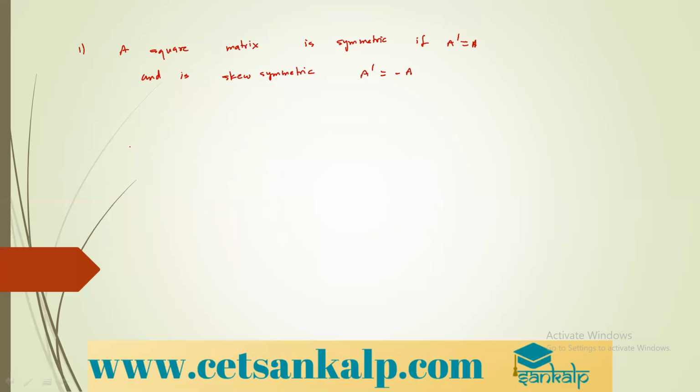Why I am telling you this is, if A is a square matrix, then A plus A dash is a symmetric matrix, and A minus A dash is a skew symmetric matrix.